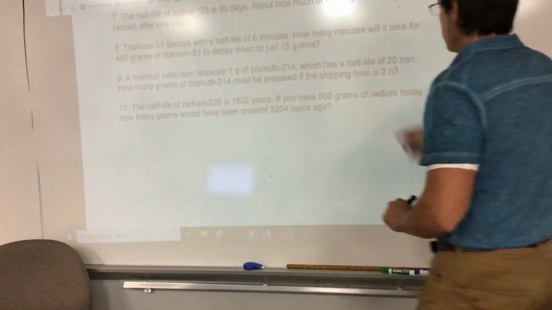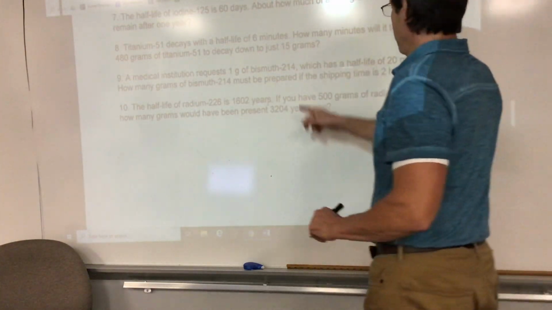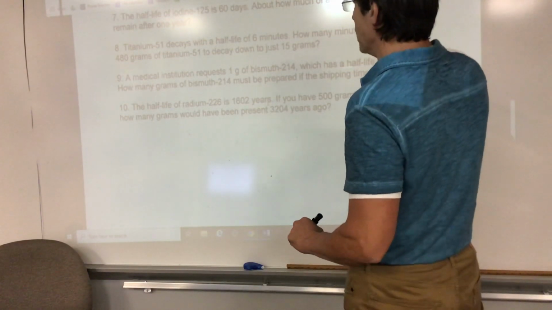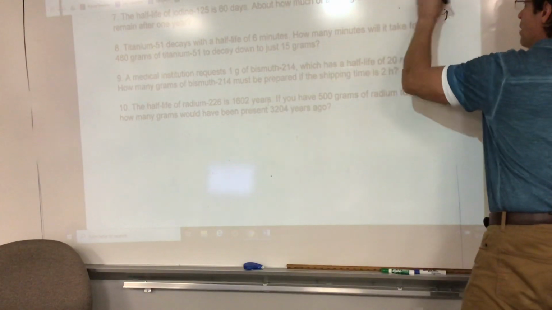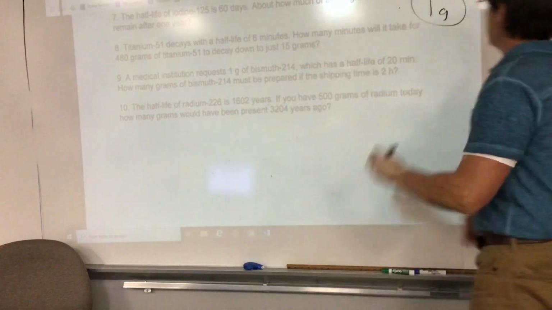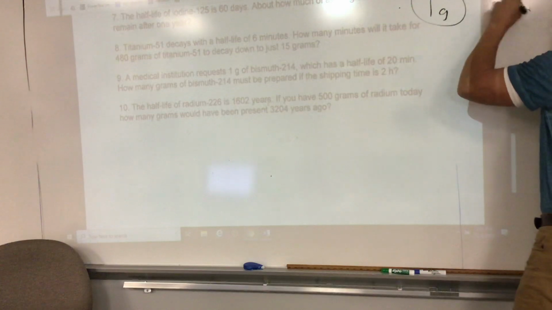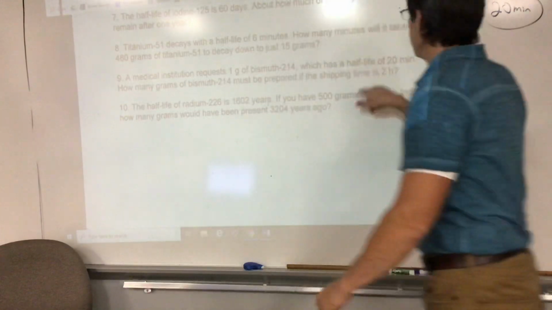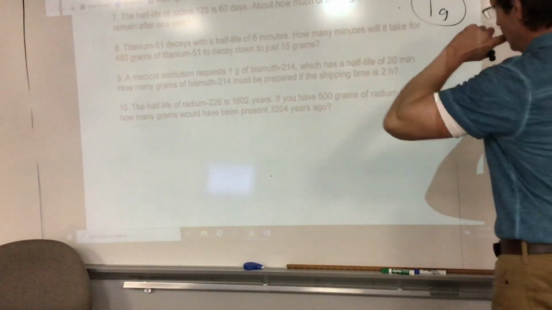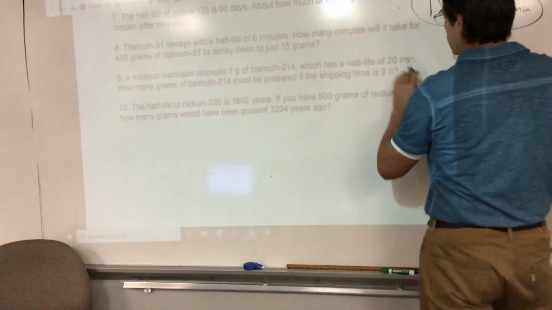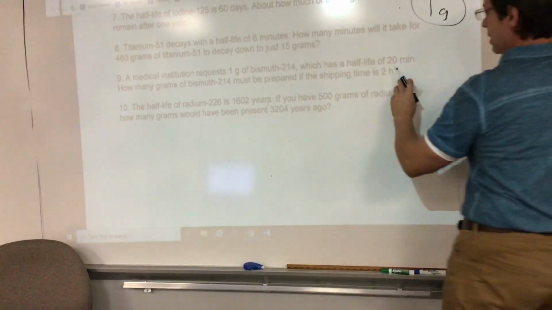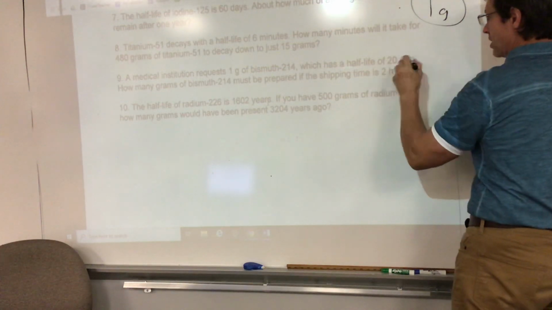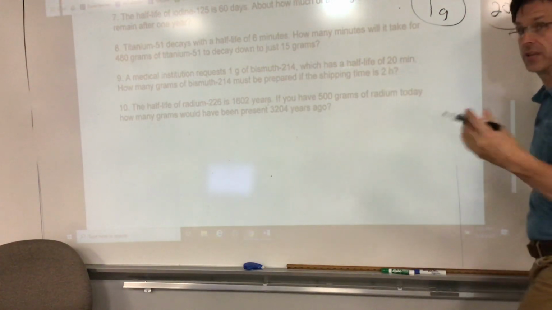Okay, so I need 1 gram of bismuth. If it takes 20 minutes for a decay, and it's a 2-hour shipping window until I get that 1 gram, it looks like there are 3 half-lives per hour. 20, 20, and 20 is 60 minutes.